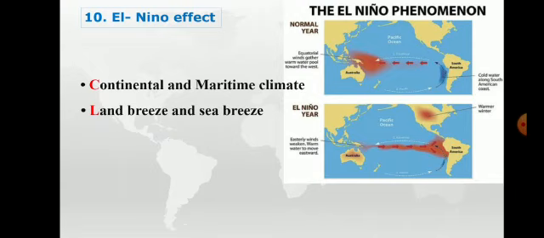It increases the surface temperature of the sea and affects the movement of monsoon winds in the Indian Ocean, and it causes weak monsoon and drought conditions in the Indian subcontinent. So the effect of El Nino in India is drought condition.